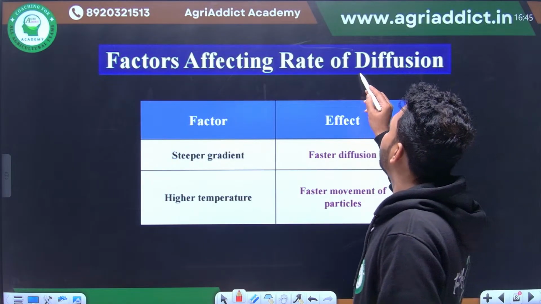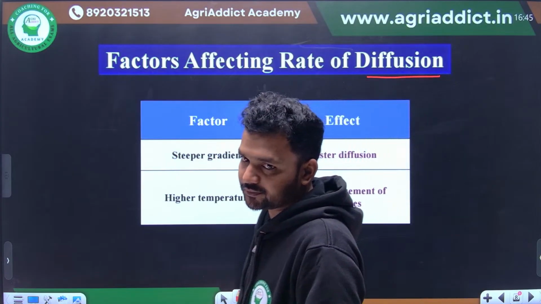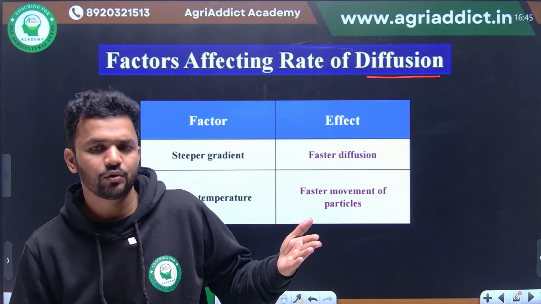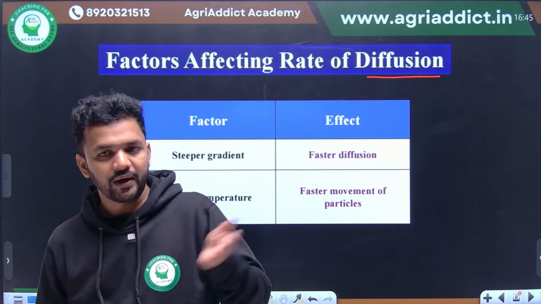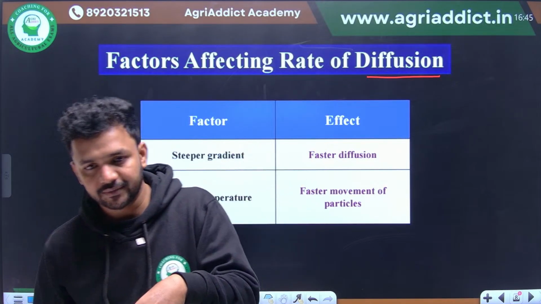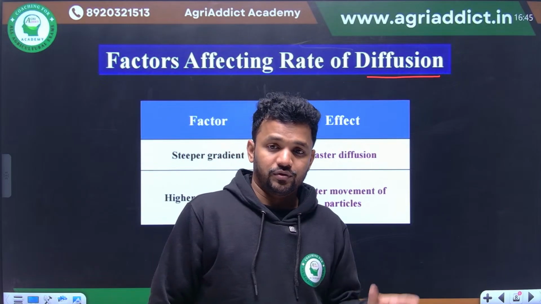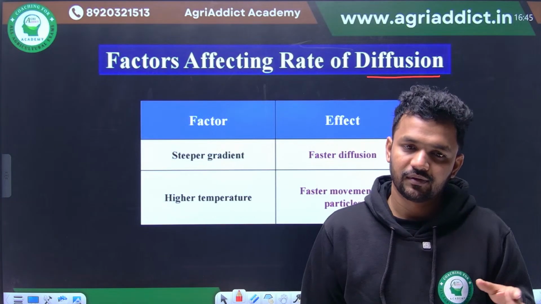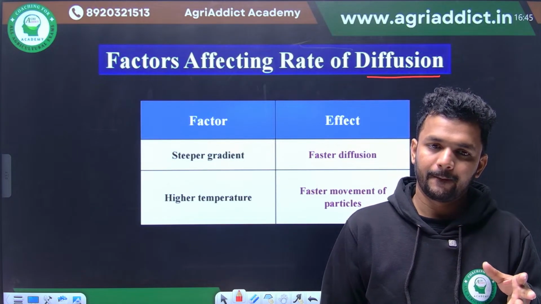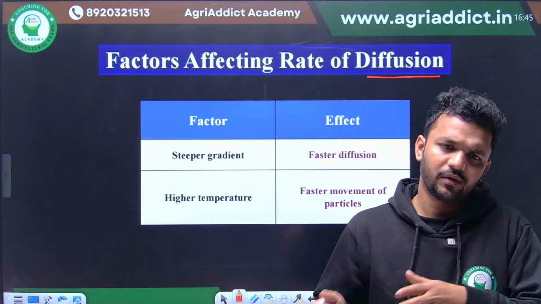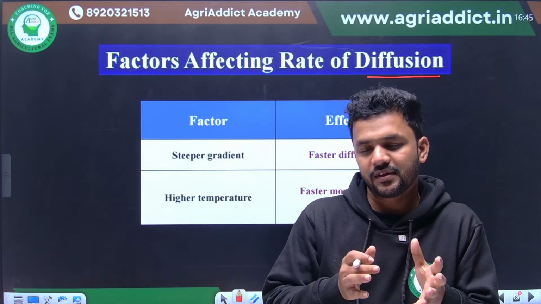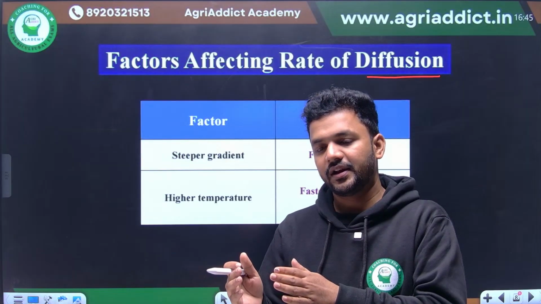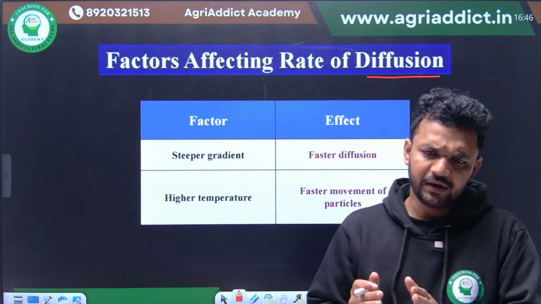So now what are the factors affecting the rate of diffusion? Diffusion automatically occurs along the gradient, from higher concentration to lower concentration, right? It is automatic. No external force is applied here, right? So what are the factors that affect the rate of diffusion? Rate means the amount per time. How much amount of gases is diffused along the pressure gradient per second or per minute or per hour.